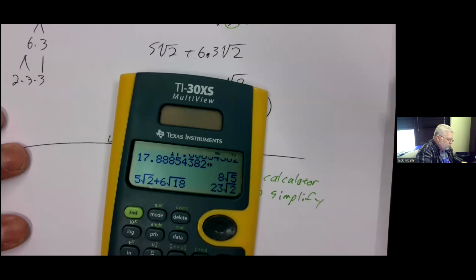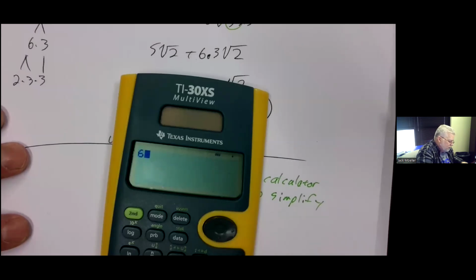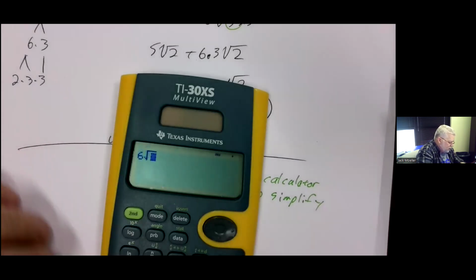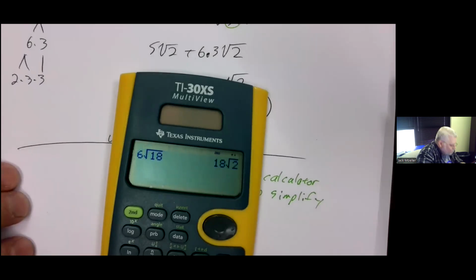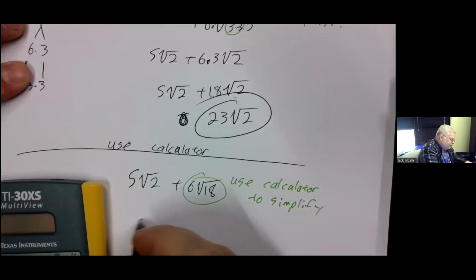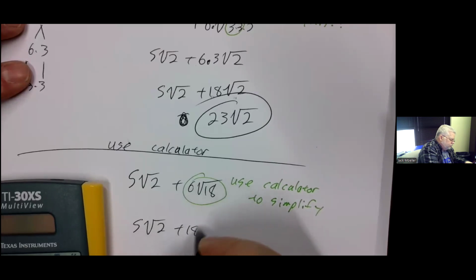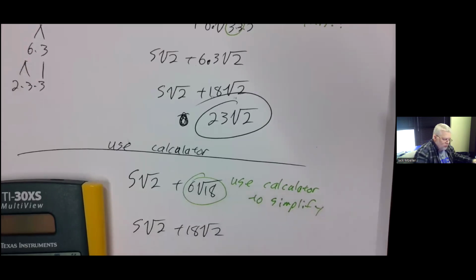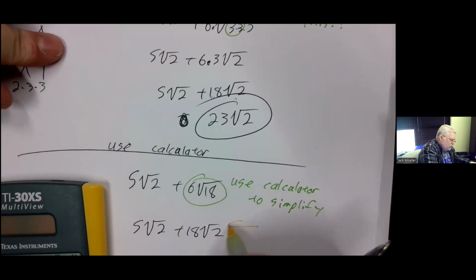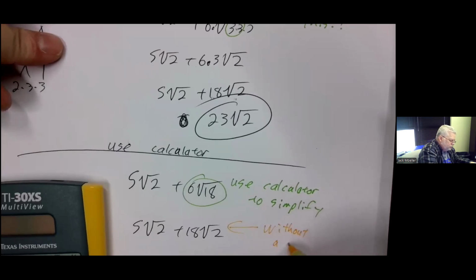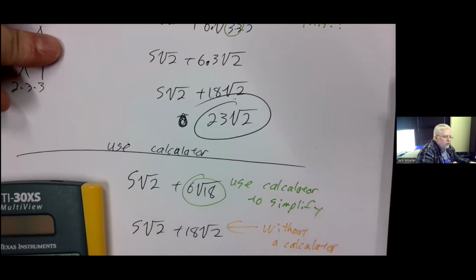And so how do you simplify 6 square root of 18? So 6 square root of 18 is 18 square root of 2. And so I then do this without a calculator, because I want you to recognize the fact that those are both square roots of 2.